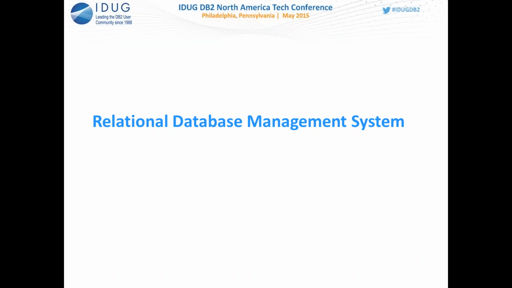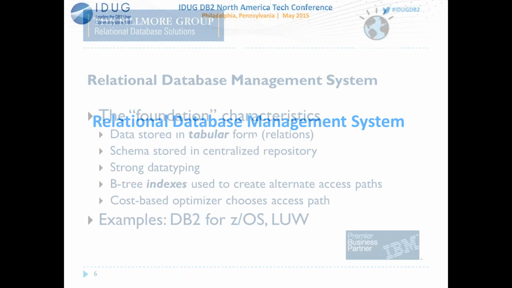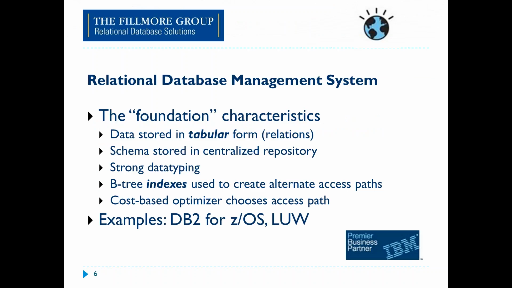So the RDBMS. The characteristics of an RDBMS were first articulated, I believe, back in 1971 by Dr. E.F. Codd of IBM Almaden Research. It had to do with coming up with an organized means of managing data that was not tied to a particular vendor's hardware or operating system.